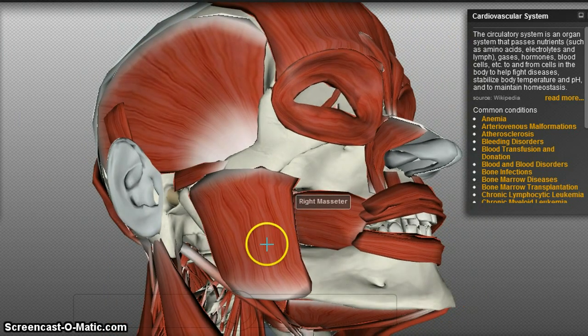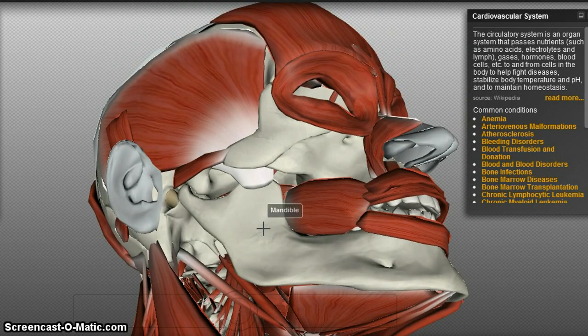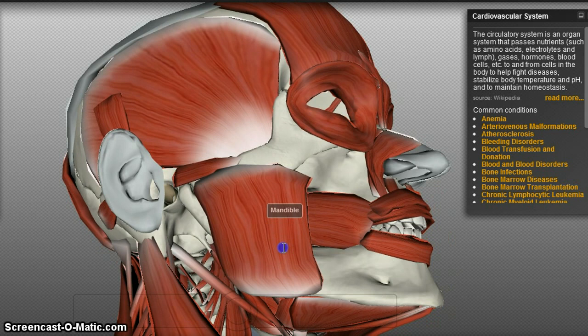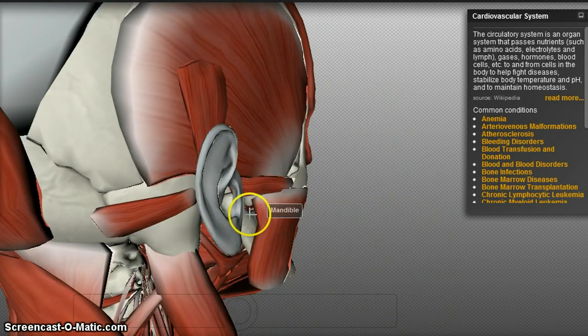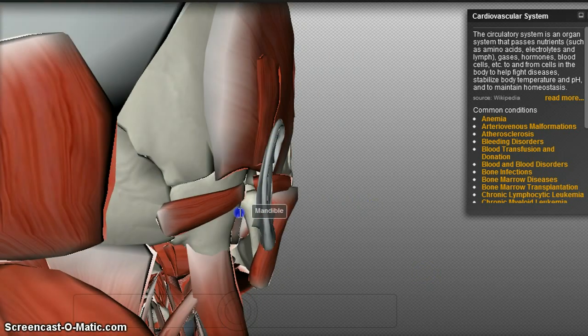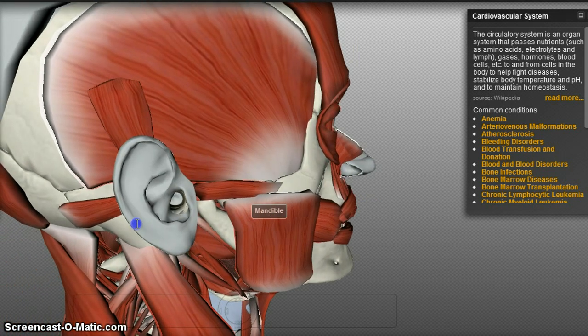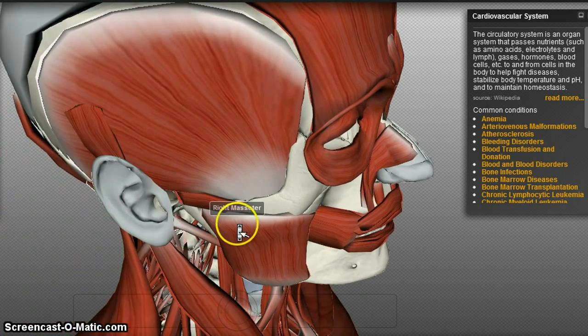If I take away the muscle itself, it just inserts over here. There's also a deep section of the masseter, which I don't think you can see properly in here, but that originates from the posterior zygomatic arch, just behind the anterior part.